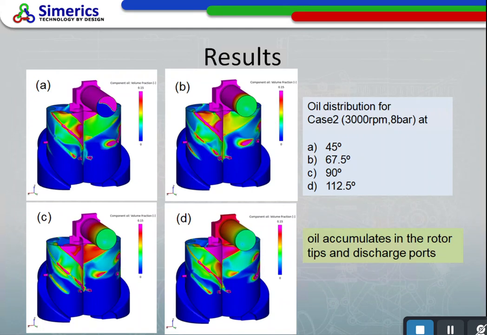Here we show the oil distribution for case 2 at the different rotation angles. The blue color indicates the air, and the red color indicates the oil. As you can see from these 4 pictures, the oil accumulates in the rotor tips and also in the discharge parts.